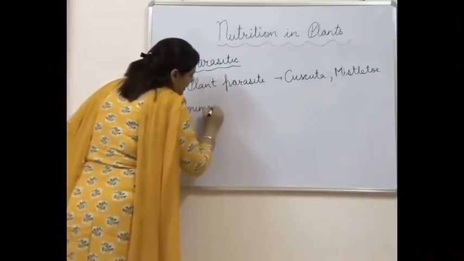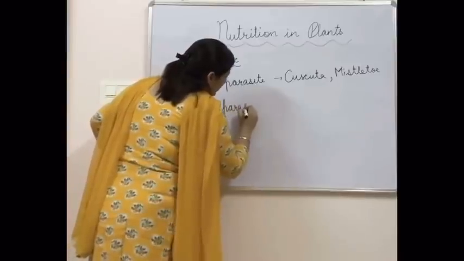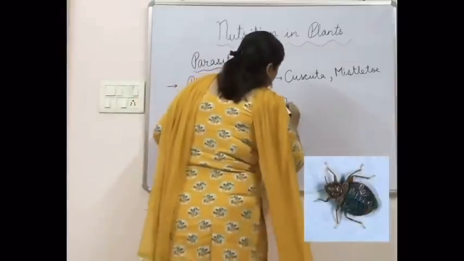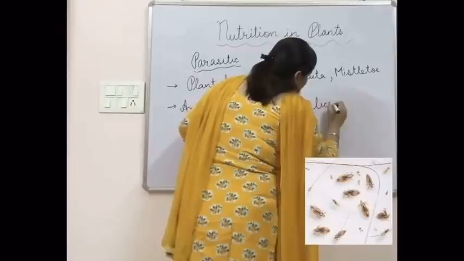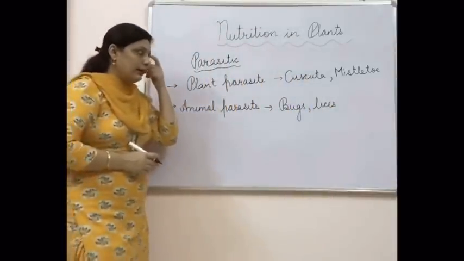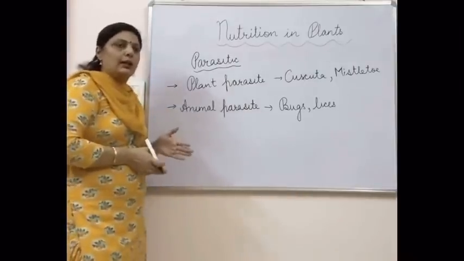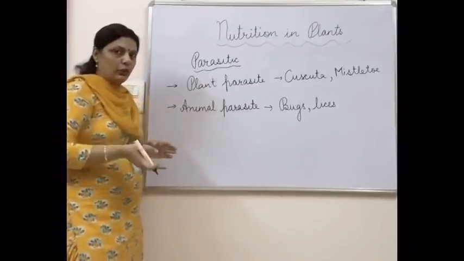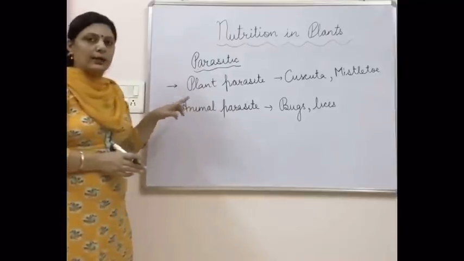Animal parasites work in the same manner, but these are animals, like bugs and lice. These bugs or lice live on the body of human beings or animals. They suck nutrients, they suck blood also. They take their nutrients from the living organisms, and they ultimately grow by themselves.